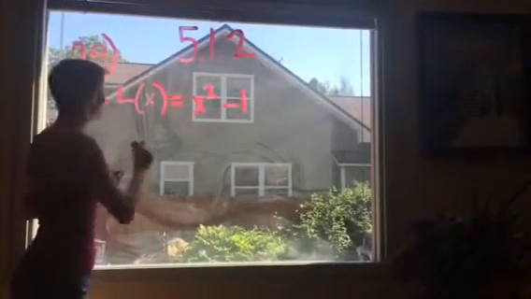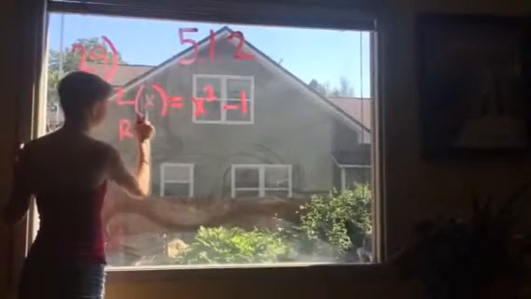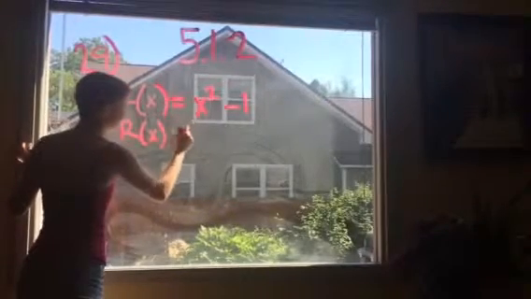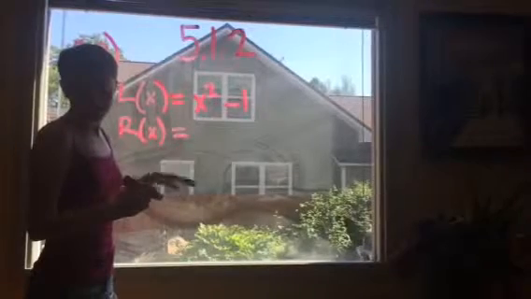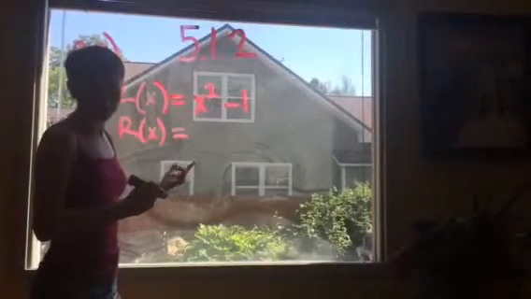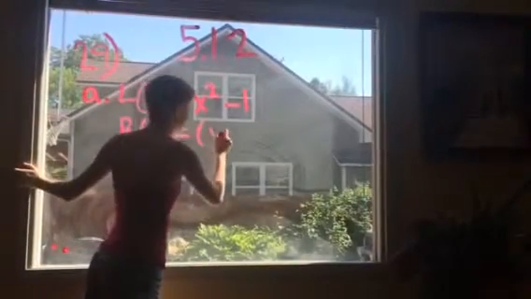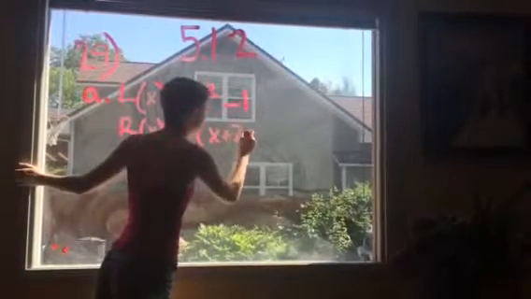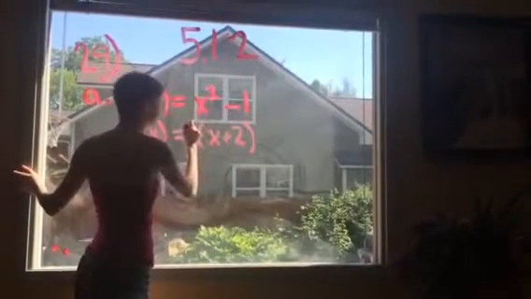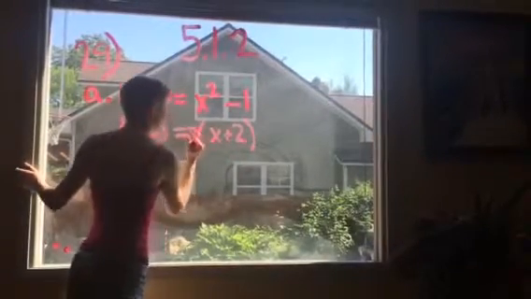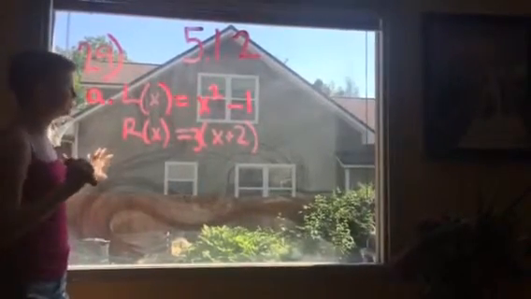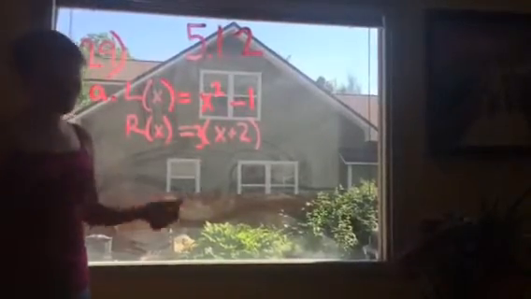And then R of x, it said that it adds 2 to the input, so x plus 2, and then multiplies the entire thing by 3. And those are our two functions for the function machine.